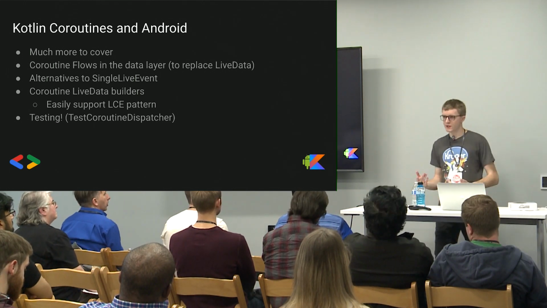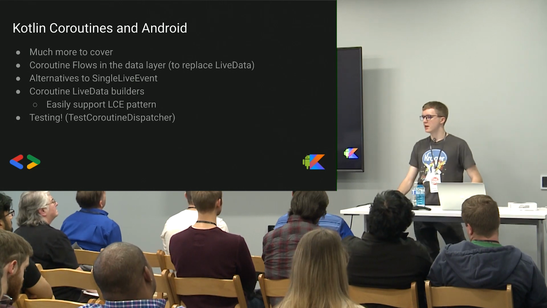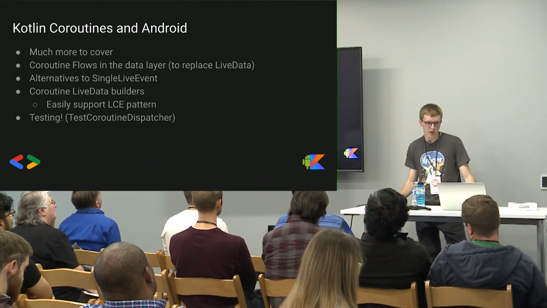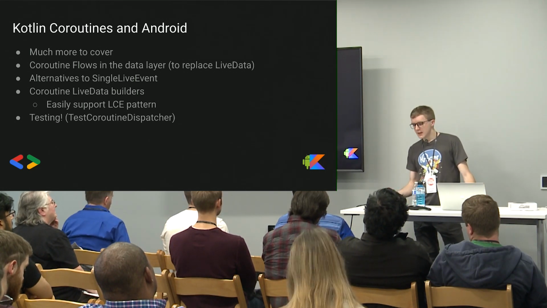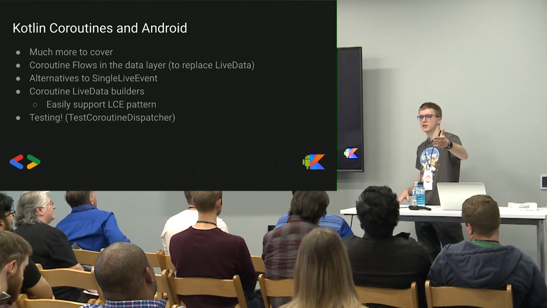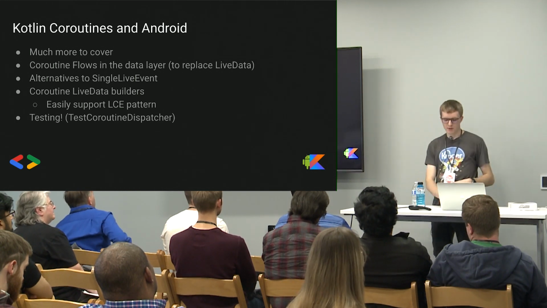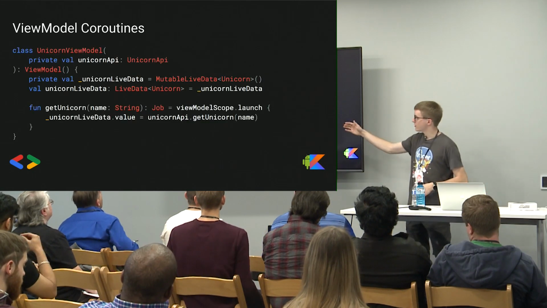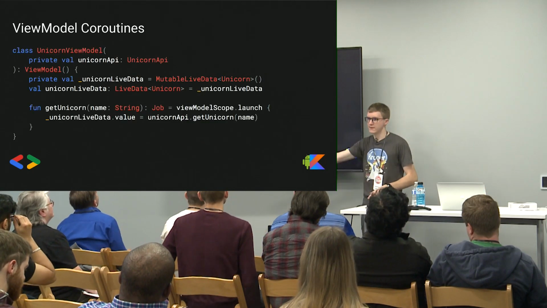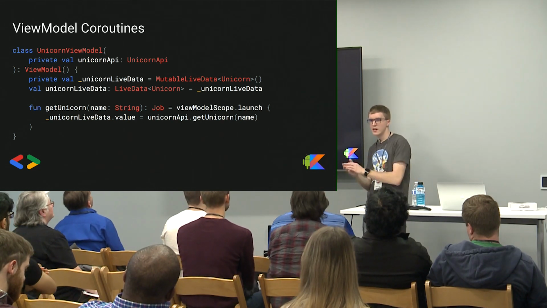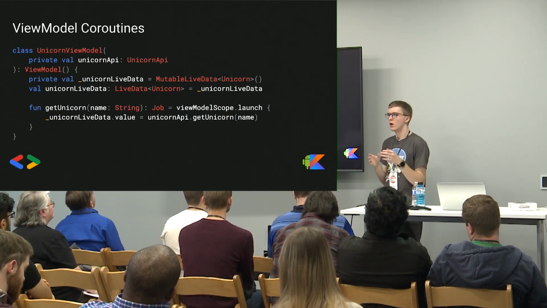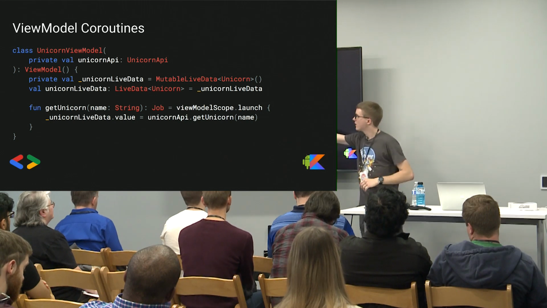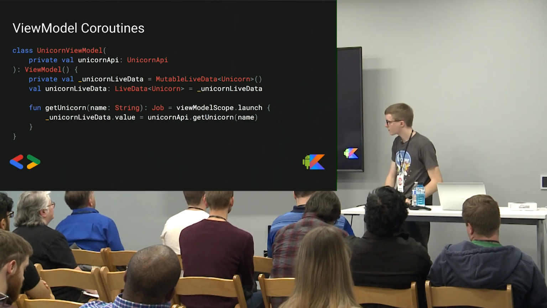Yeah, so when I was talking about the issue that we were facing at Kroger, specifically, we talked about the job. I'll show you the fact that we're returning this job, and job has a function called join, where basically inside another coroutine you are going to await for getUnicorn to finish.